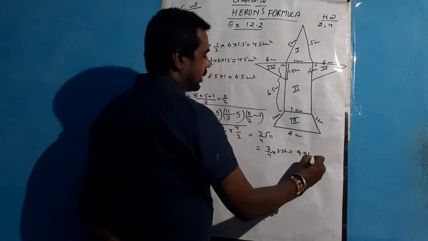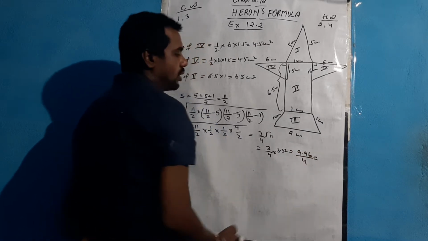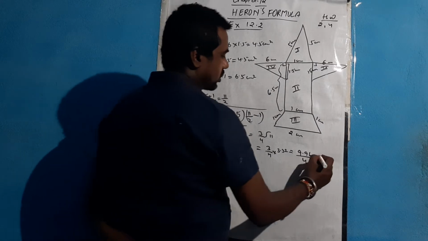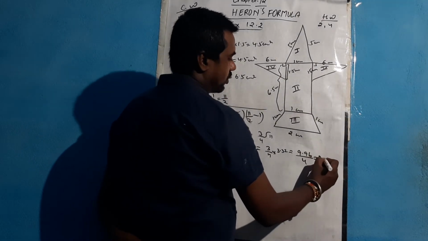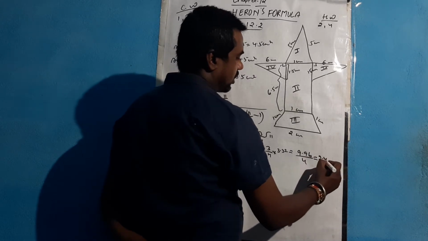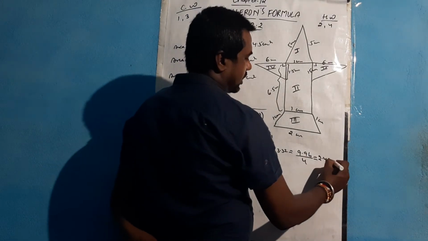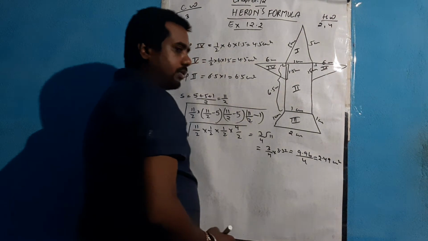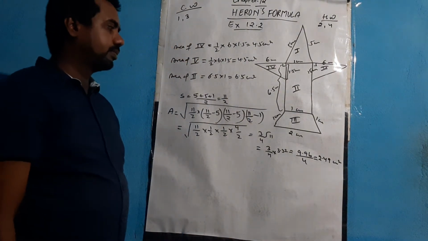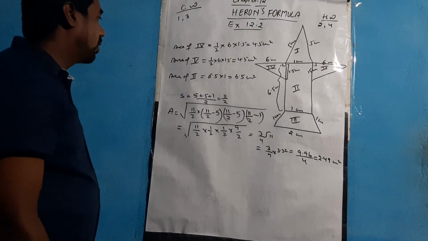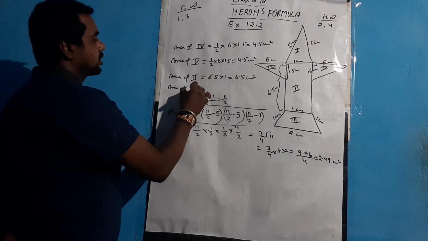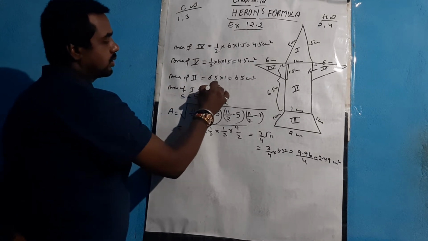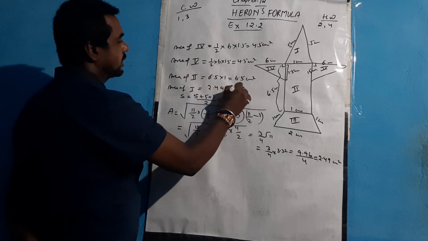That becomes 9.96 by 4, and that will be approx 2.49 centimeter square. So the area of first part is coming out as 2.49 centimeter square.